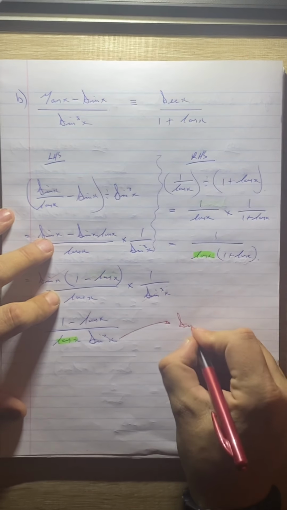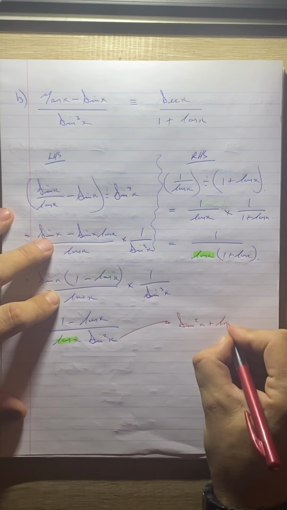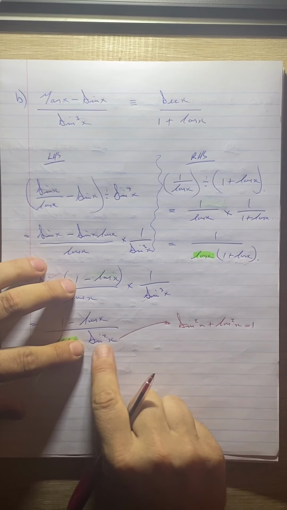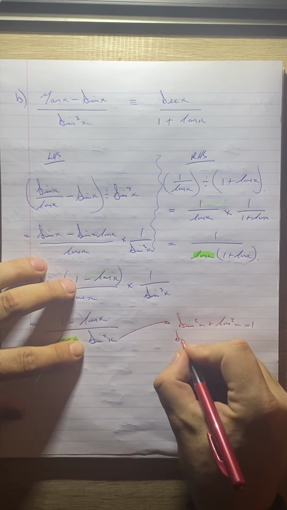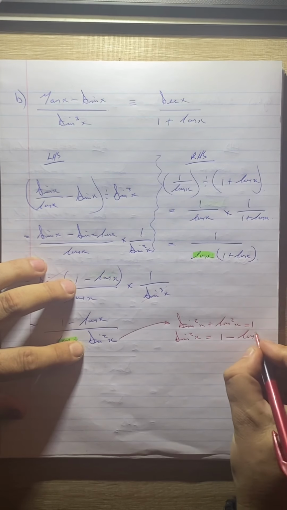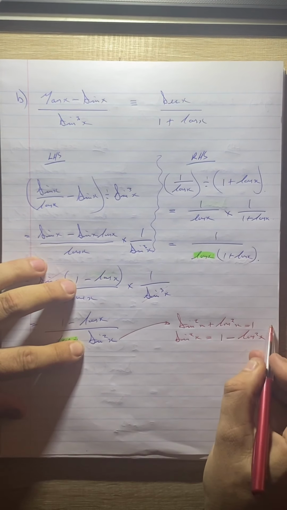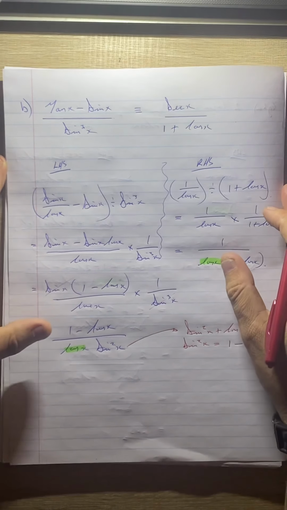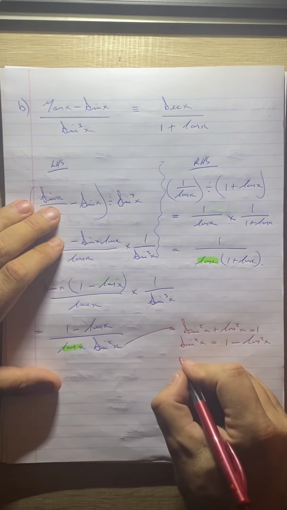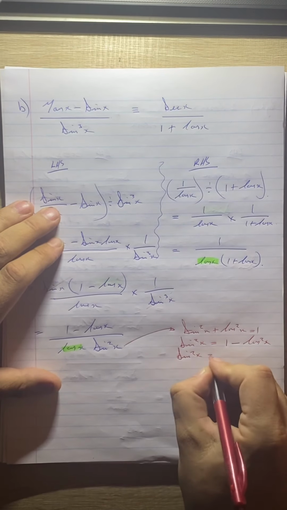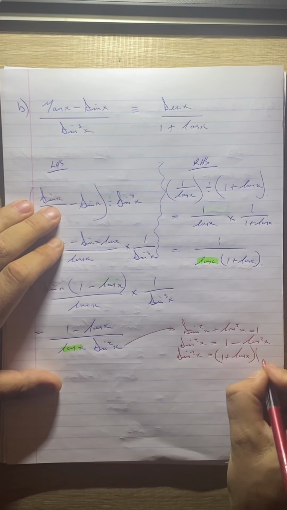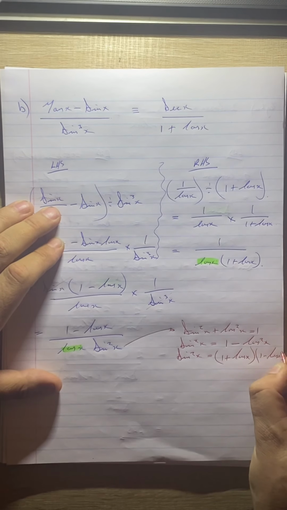We know that sine squared x plus cos squared x is equal to 1. That means that sine squared x, if I get it on its own, will be equal to 1 minus cos squared x, because I've just taken the cos squared to the other side. Now, if you have a look here, grade 11s, this is actually a difference of 2 squares. So sine squared x will be equal to, if I factorize this, 1 plus cos x, 1 minus cos x.